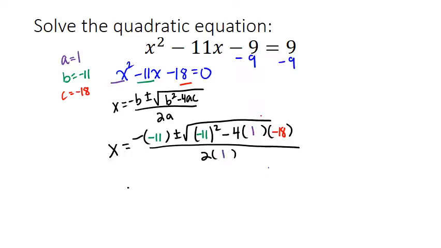Now we can simplify. Negative 11 becomes positive 11, plus or minus negative 11 squared, which is 121, minus, we have a 4, a 1, and a negative 18.